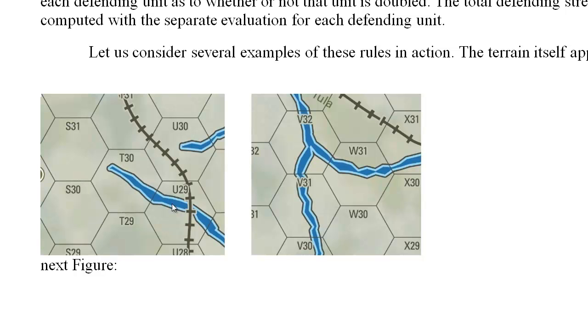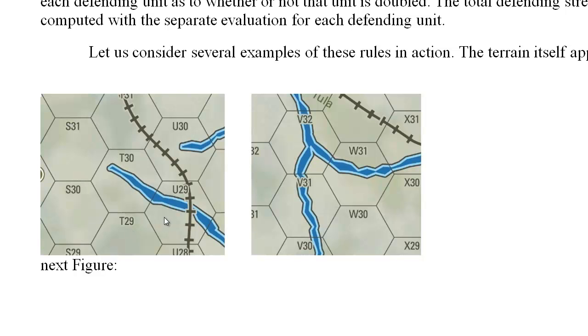In the simple case, suppose we have attacking units on U-29 and T-30 and a defending unit on T-29. The attacking units are all attacking from river or river end squares. The defender is behind the river. The defender is doubled.